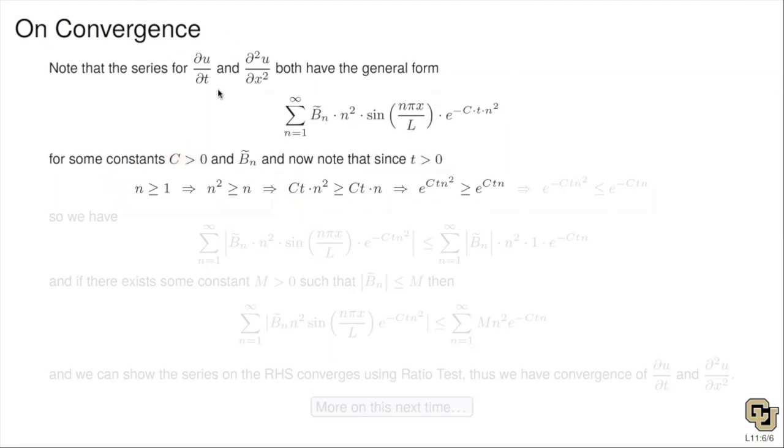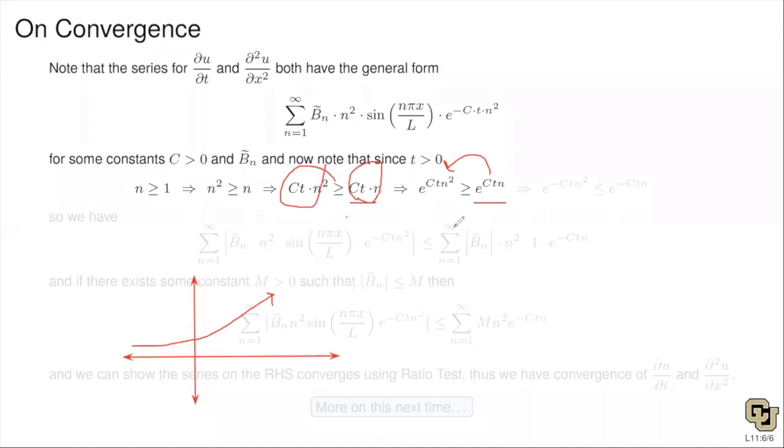Now exponentiate both sides. As you know, the exponential function is an increasing function. So what does that mean? That means if a is less than b, then e to the a will be less than e to the b. So here, if ct times n is less than ct times n squared, then e to the ct times n will be less than e to the ct times n squared, because it's an increasing function.